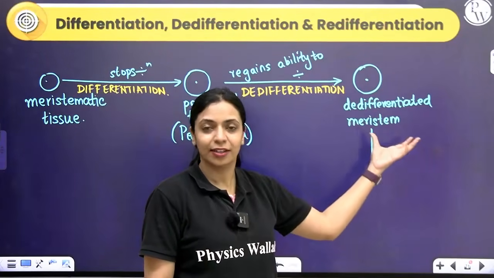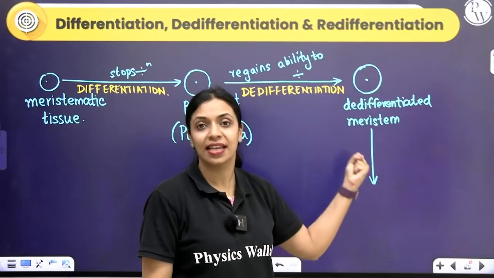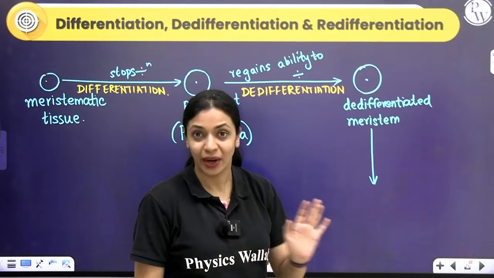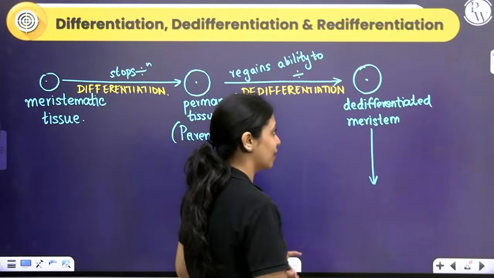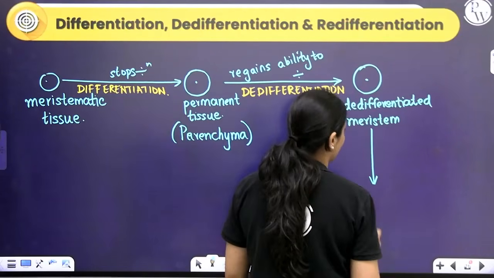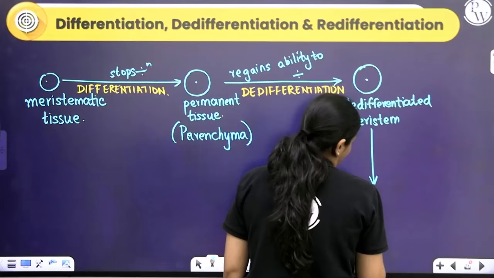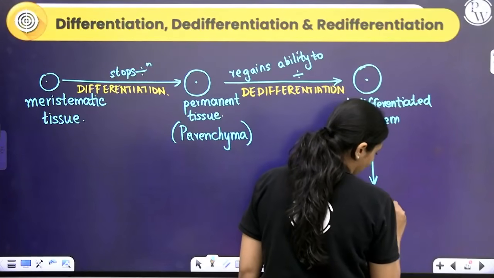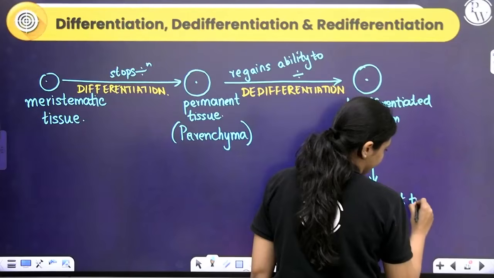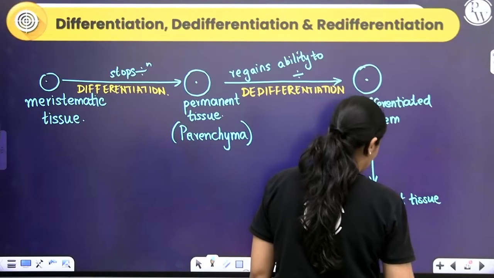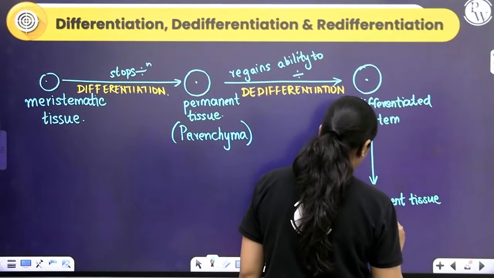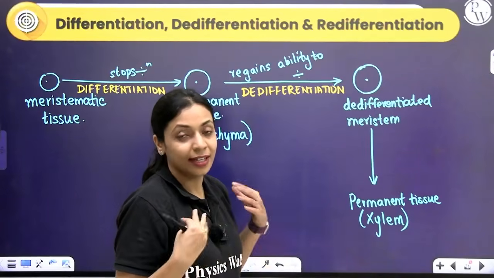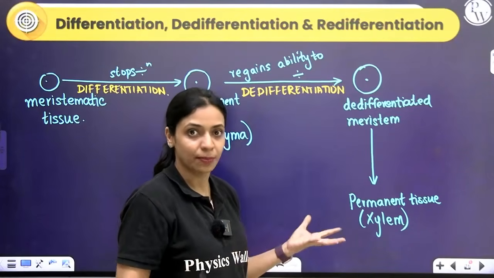This meristematic tissue can undergo differentiation again to give rise to another, entirely different type of tissue as well. So this can again become a permanent tissue. Like let's say xylem. It could become xylem, it could become parenchyma also again. It doesn't necessarily mean that it has to become something new.